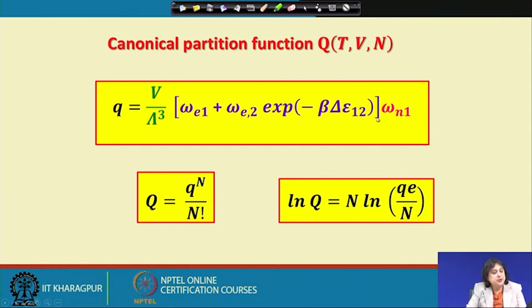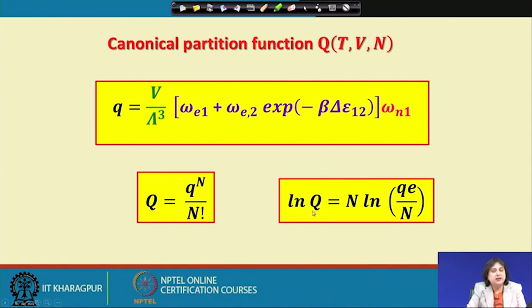Also, there are contributions from the excitation energy from the ground electronic state to the first excited electronic state, and the respective degeneracies of the electronic energy states. And finally, I have some constant term coming from the degeneracy of the ground nuclear energy level. I combine all of these.